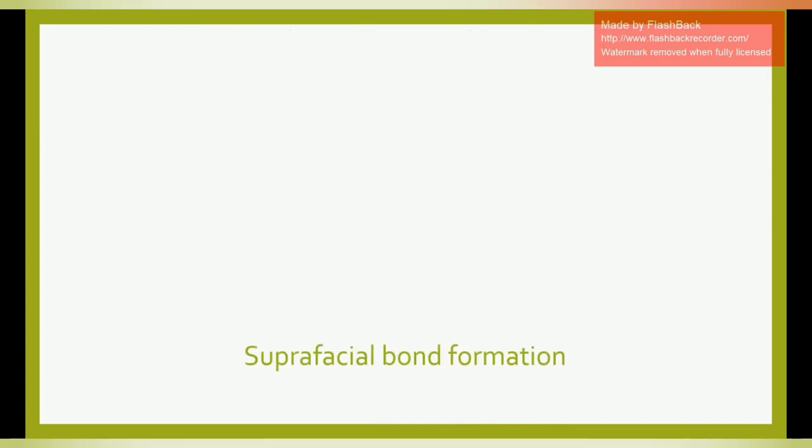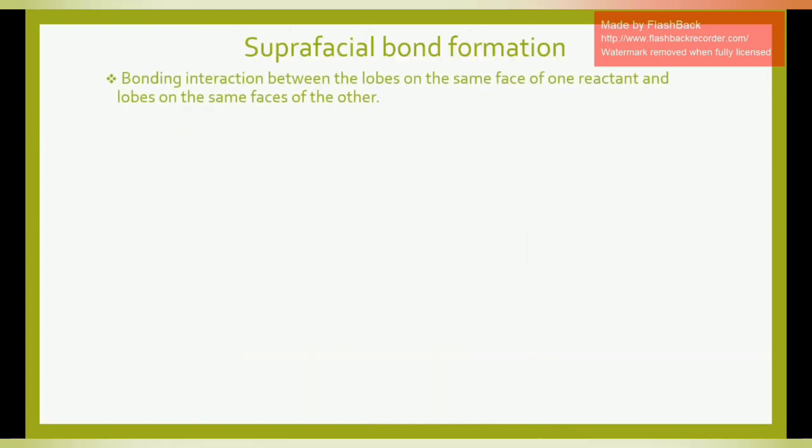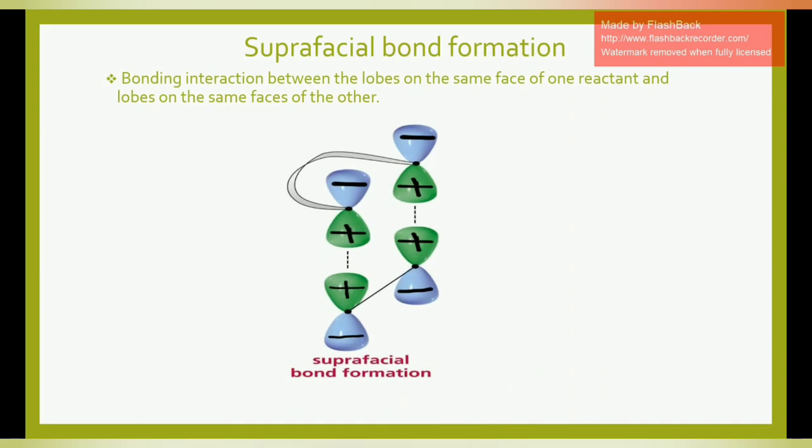Now we will discuss suprafacial bond formation. Bonding interaction between the lobes on the same face of one reactant and the lobes on the same face of the other is called suprafacial bond formation. That is, for the cycloaddition reaction to occur, HOMO of one reactant interacts with the LUMO of the other. Positive terminal lobe of one can interact with the positive terminal lobe of the other, and the negative terminal lobe of one can interact with the negative terminal lobe of the other.